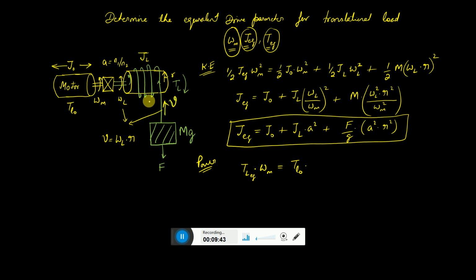Another load is because of this mass, which is having inertia, though it can have a load also. Let us say this is TL1. We have a mass M and G. This is the force, another load over here, F. So TL1 and F, and TL0 is because of its own weight. There is another load torque TL0.